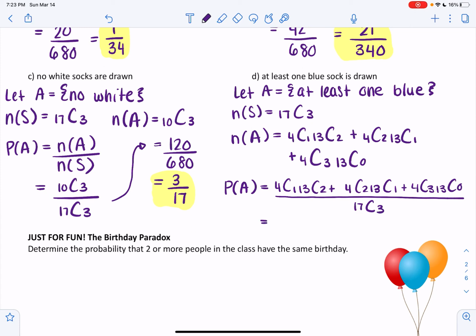And when you put all of that into your calculator, you will get 394 divided by 680, which reduces to 197 all over 340. There we go.